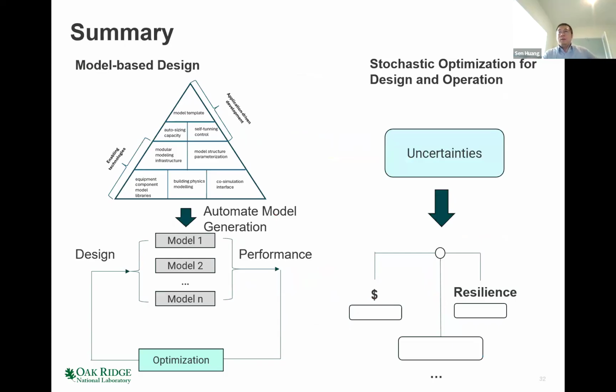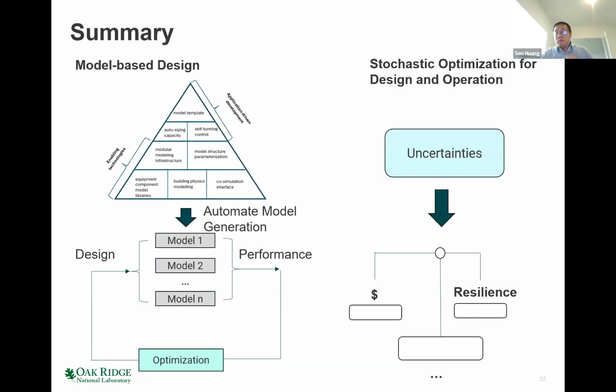Okay, to summarize what I presented today, I think we're trying to work on the community from two different aspects. One is the model-based design, really trying to utilize the autonomous model generation process, supporting the model-based design so that we can better manage the infinite input from the design options. And on the uncertainty part, we're trying to promote the stochastic operation to improve both the design and operation of the community.